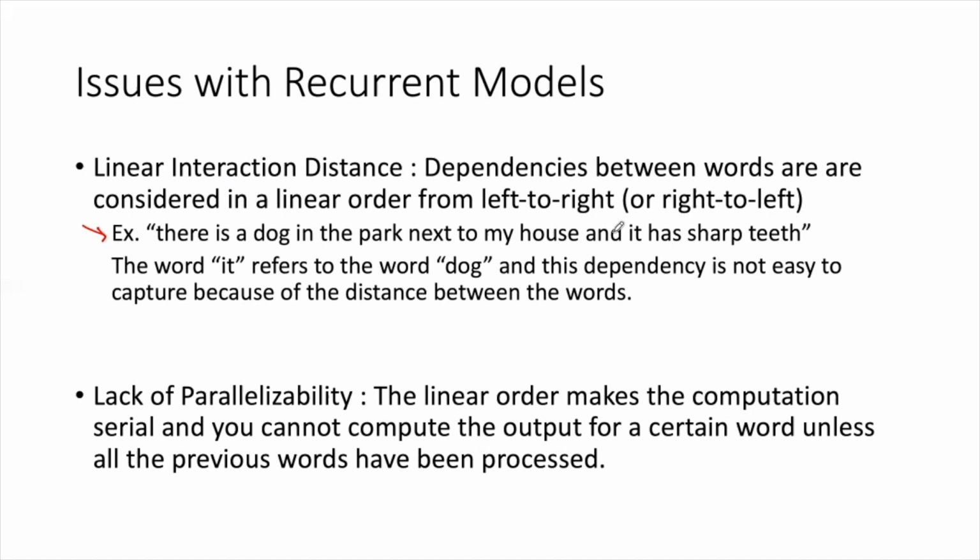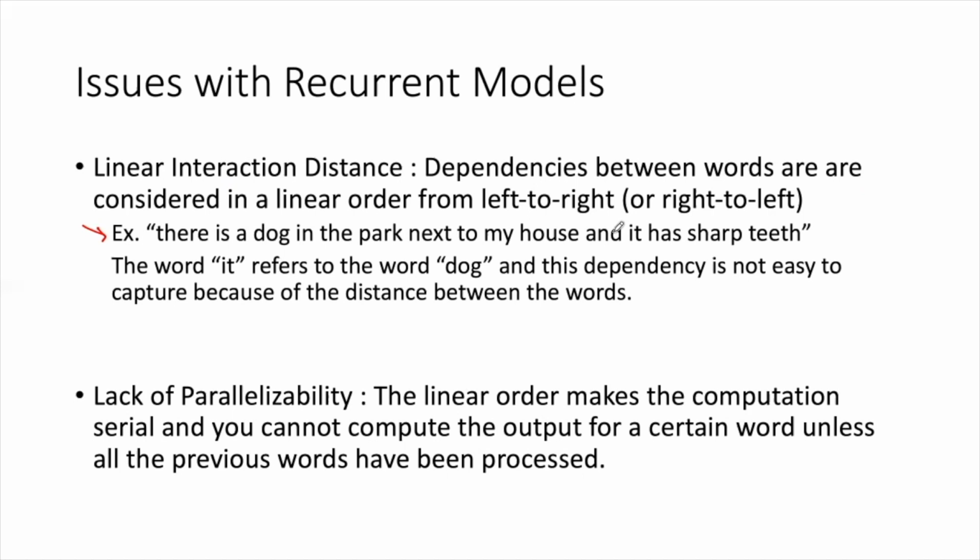The next issue is lack of parallelizability. By parallelizability, we mean that since there is a linear order where we go one word at a time, we cannot compute the output of some nth word before calculating the output for the n minus 1 words.